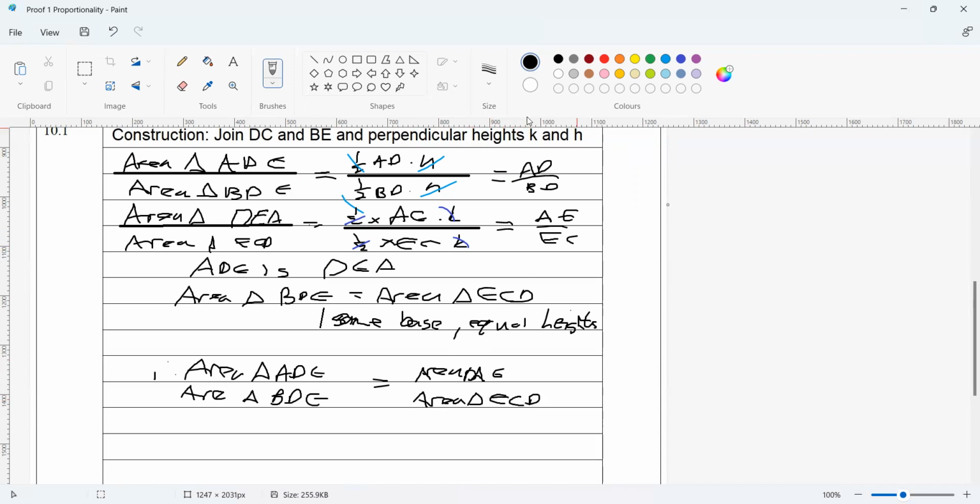Because there are two triangles that are shared, and then the other two triangles have the same base, which means they have the same area because they're between the same lines. And now we can finally conclude what we wanted to prove. Therefore, AD over BD is equal to AE over EC.